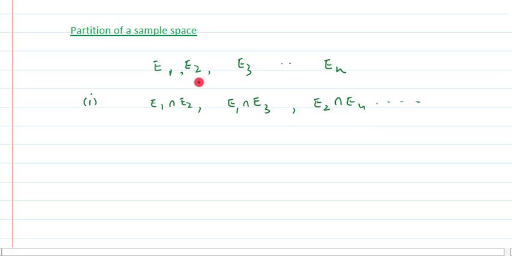Or we can say if i and j are having the values 1, 2, 3 up to n, then Ei intersection Ej is equal to phi. Here these are also equal to phi. Meaning of this is that these events are mutually exclusive events.